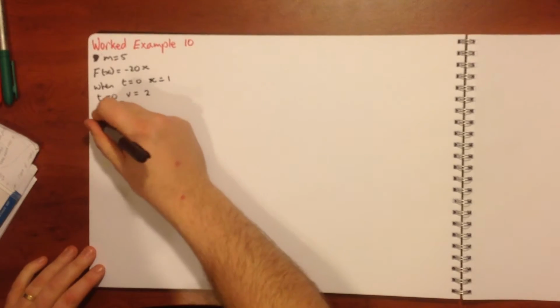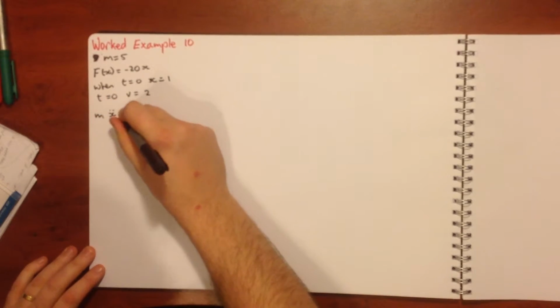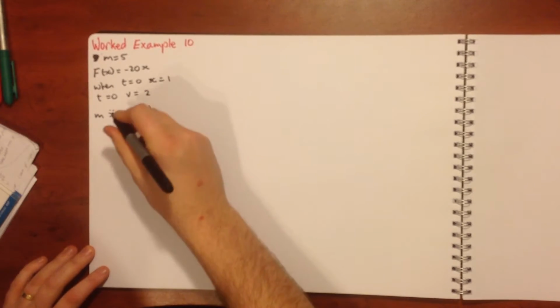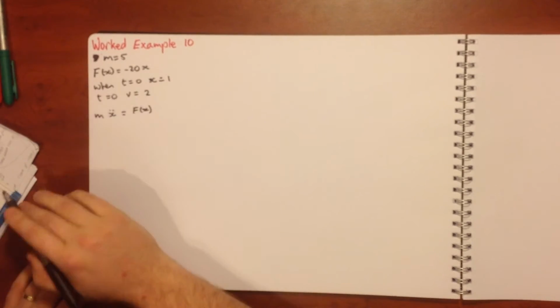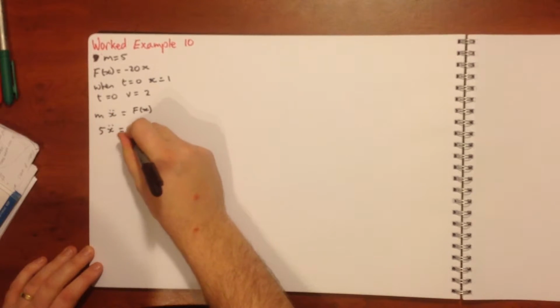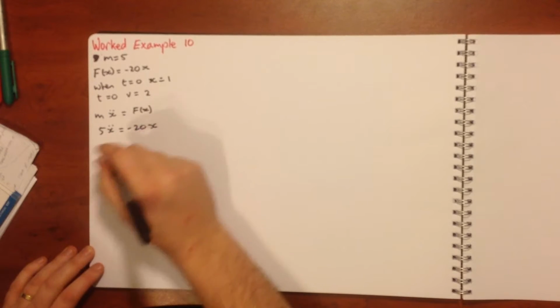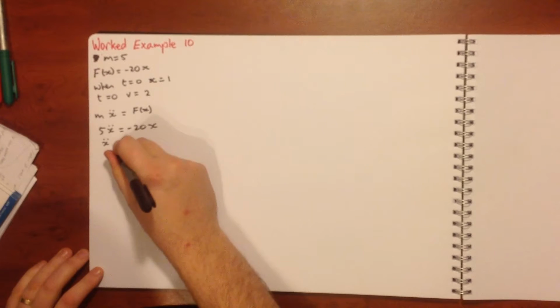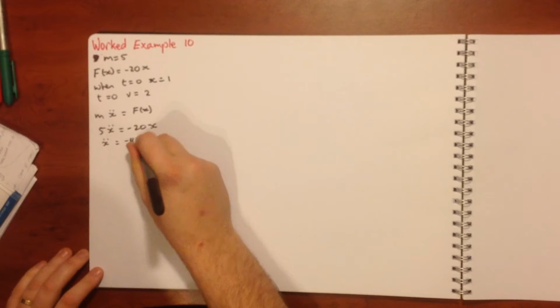So again, we know that our mass times our acceleration is equal to our f of x. We know that our m is 5, so we get 5 times our acceleration is equal to negative 20x. Well, our acceleration then is equal to minus 4x.